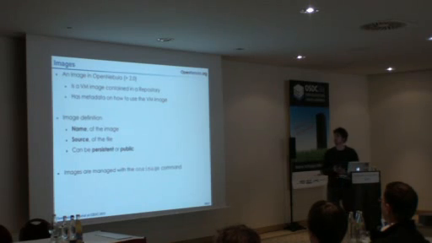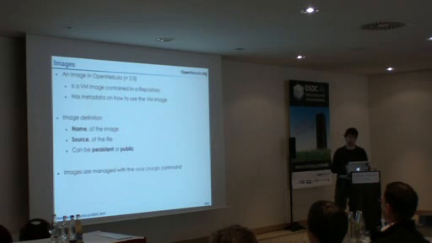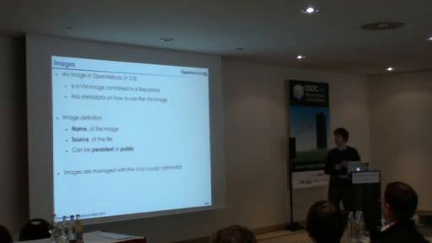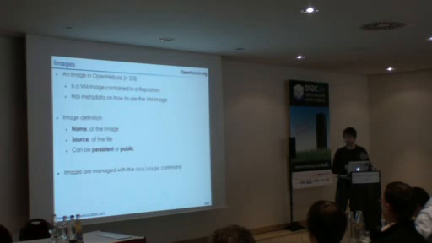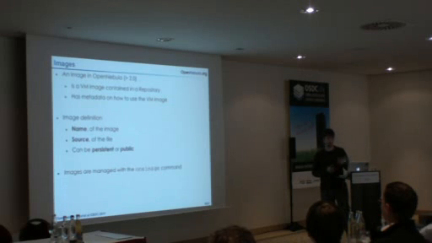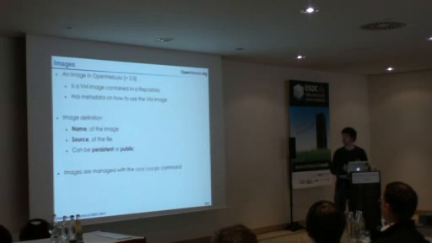Also, there's some sort of basic ACL for the images, virtual networks and virtual machines, so you can define your image to be persistent or public. If it's public, then everyone can use it. If it's persistent, then all the changes that are made to an image during the life cycle of one virtual machine are going to be saved back.